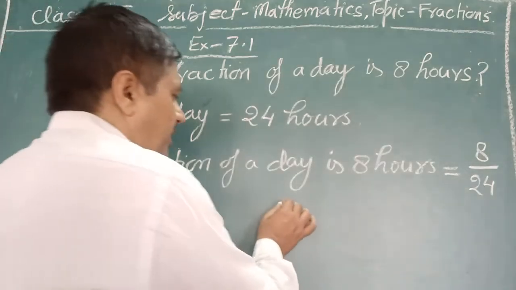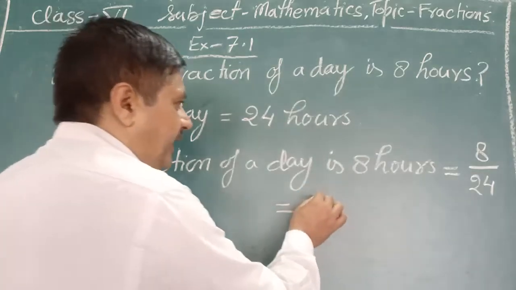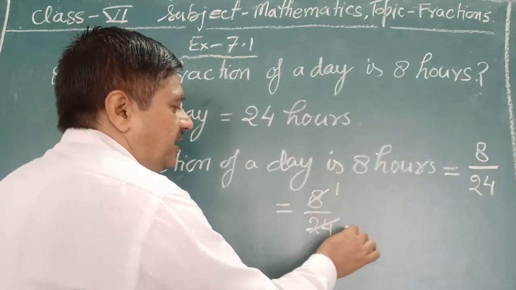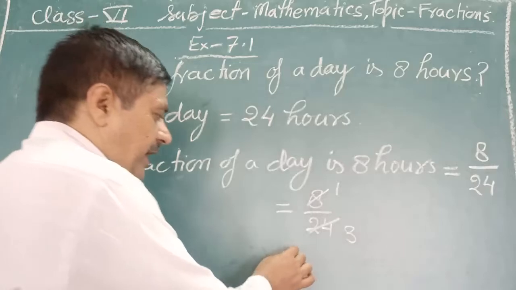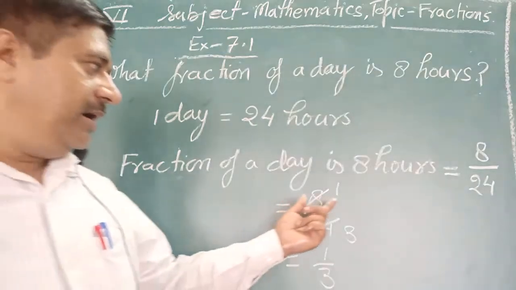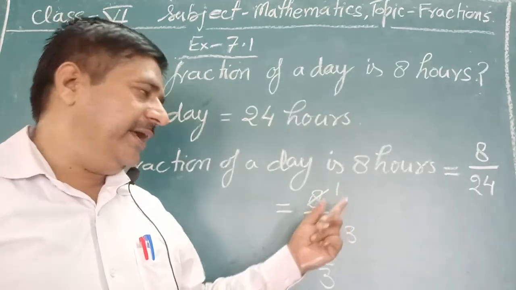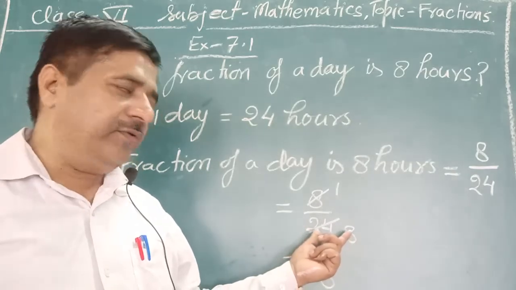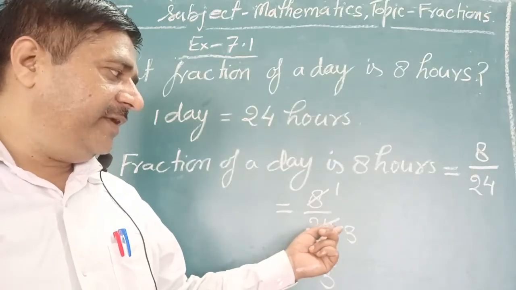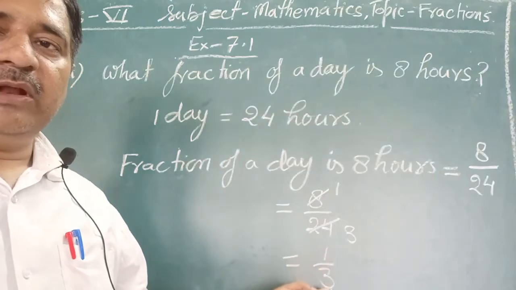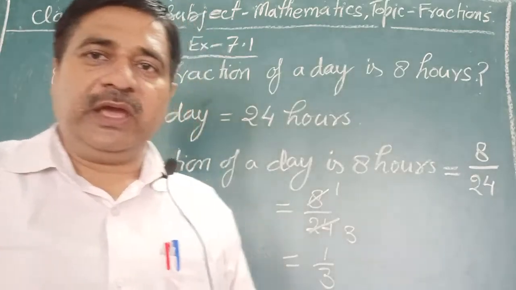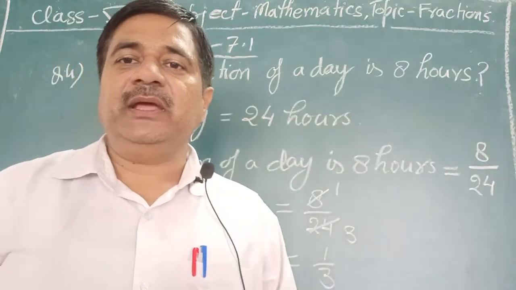Now you write it in the lowest form. 8 divided by 8 gives 1, and 24 divided by 8 gives 3. So you write 1 by 3. This is your fraction, 1 by 3.